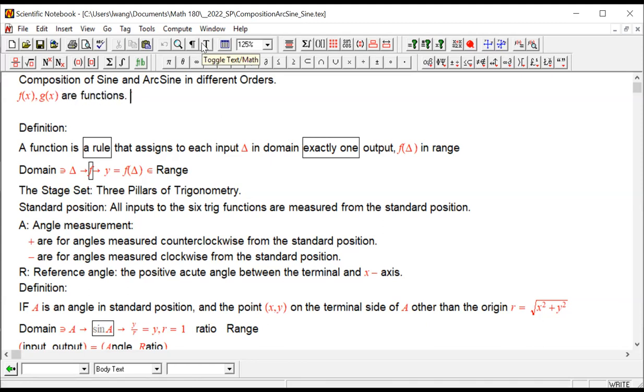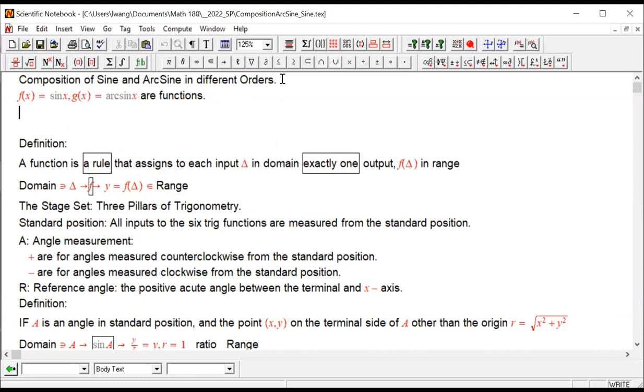In this case, F is going to be the sine function, and G is going to be the arc sine function. So now we know the domain and range of these two functions, which we have done. The domain for sine is all real numbers, and the range is between -1 and +1.